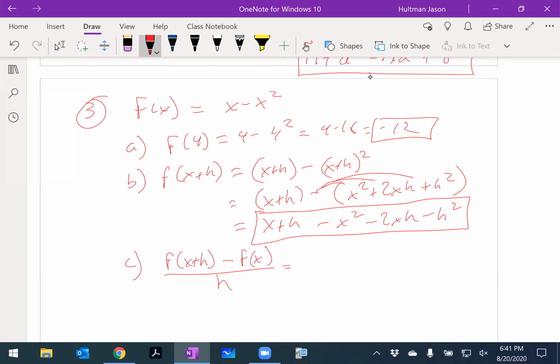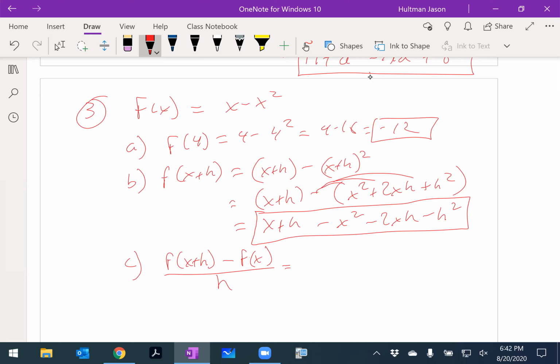So f of x plus h minus f of x. Well, we already know what f of x plus h is. Didn't we just calculate that?